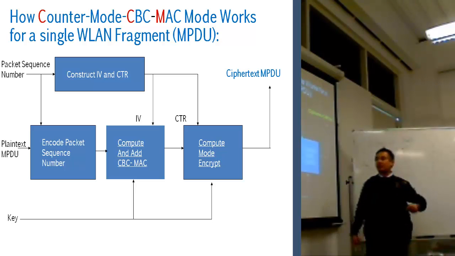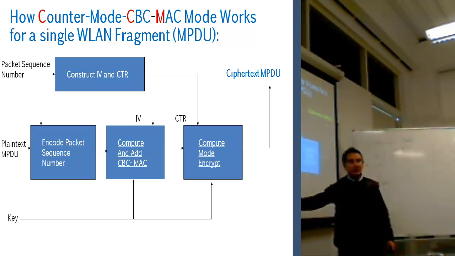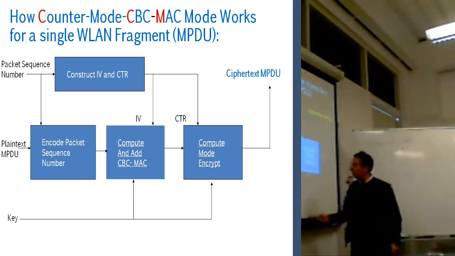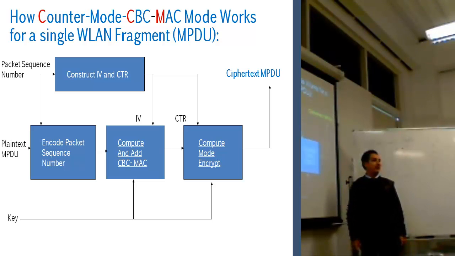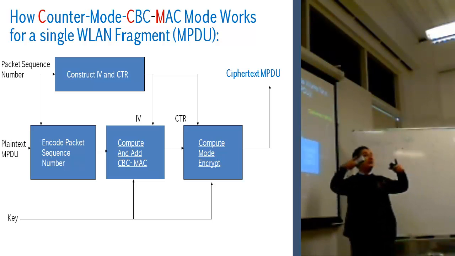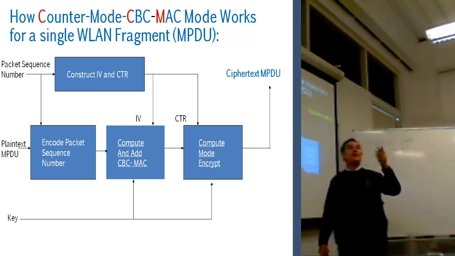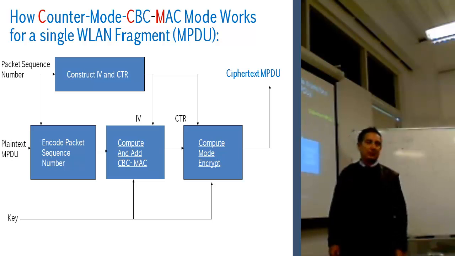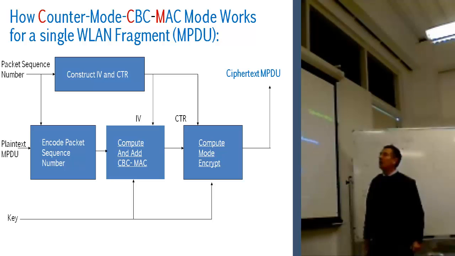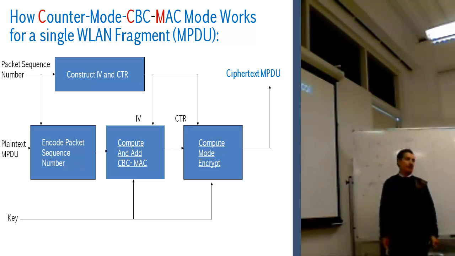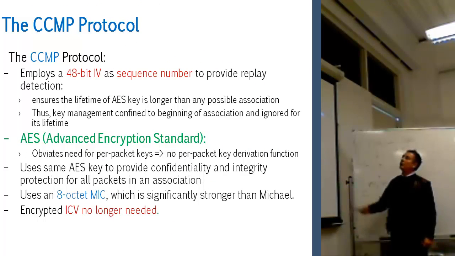So you may ask how the destination knows this integrity key and this confidentiality key. We are using what? IEEE 802.1x. Again, the same protocol that we use in TKIP. So CCMP employs a 48-bit IV.